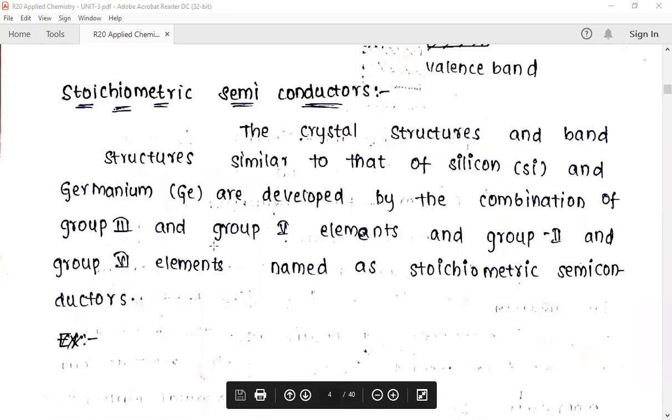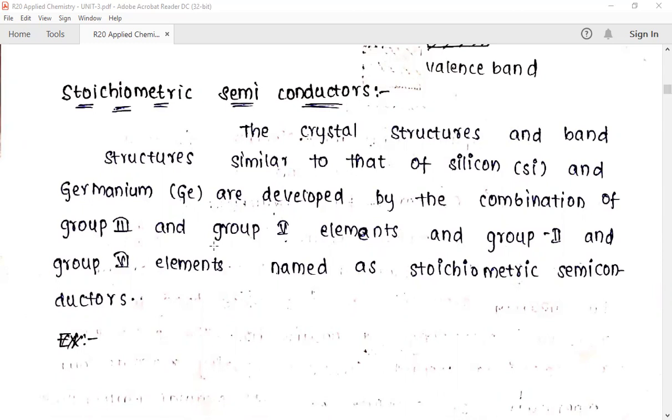That means they follow only particular combinations, satisfied only by a particular group of elements. The combination of elements like group 3 and 5 or group 2 and 6, and certain other compounds which have valencies in the non-stoichiometric composition.